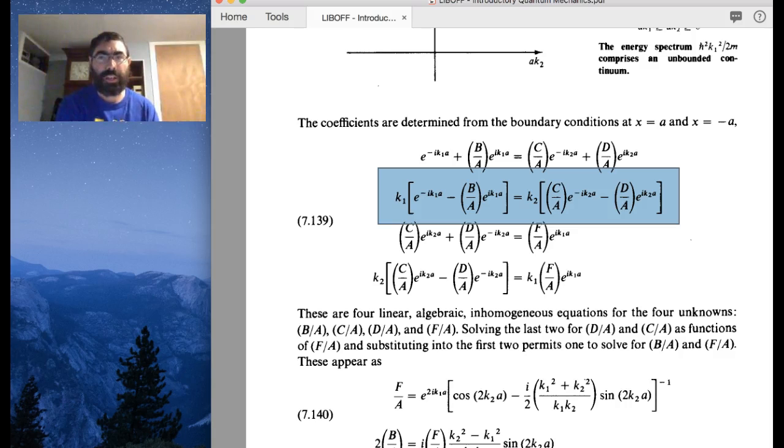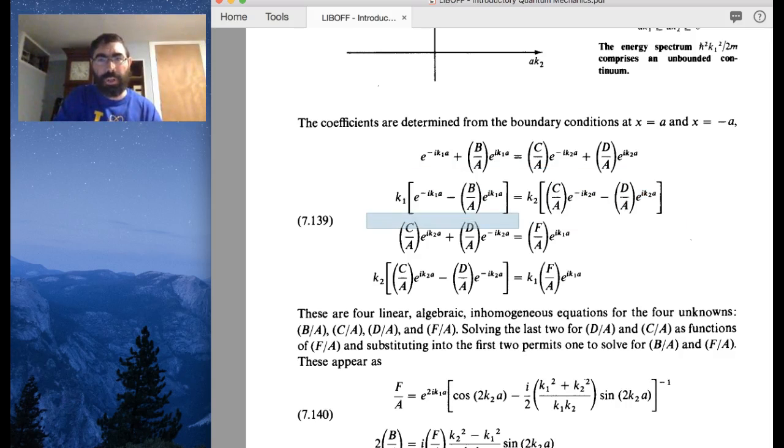And so you have on the left-hand side the derivative of the wave function in region 1, and on the right-hand side, the derivative of the wave function in region 2. In both cases, the normalization constant A has been divided out, so we're now getting the ratios of the normalization constants B to A, C to A, and D to A. The third equation is when the wave functions are continuous at the second edge, where x is equal to a.